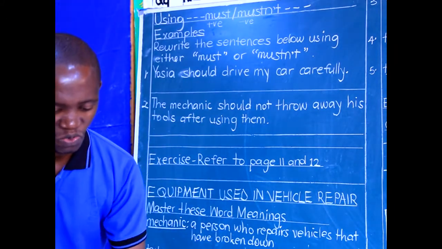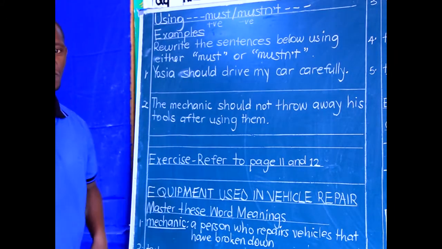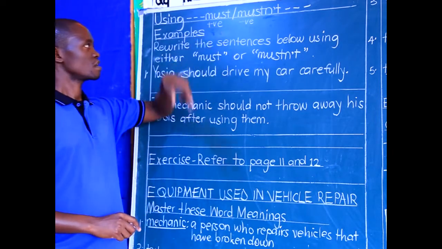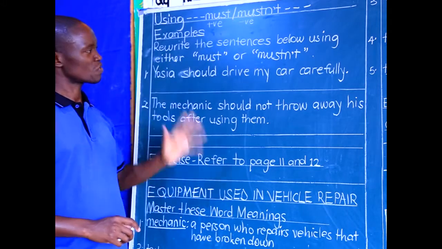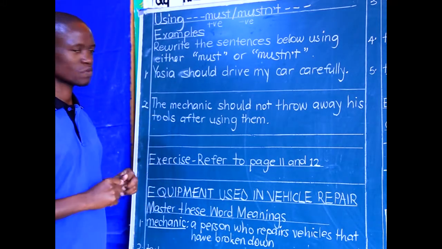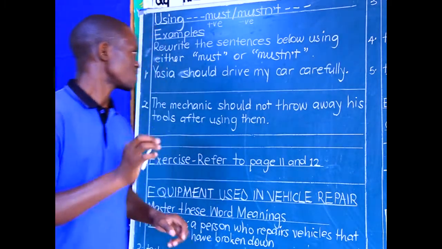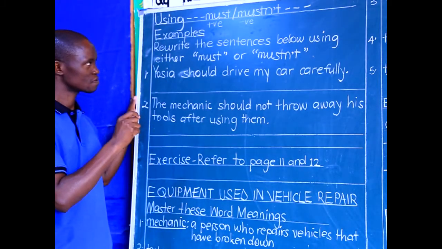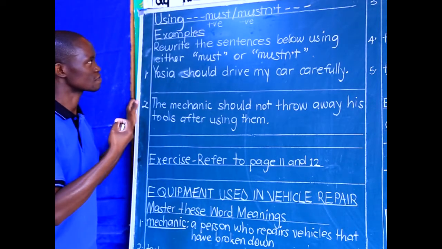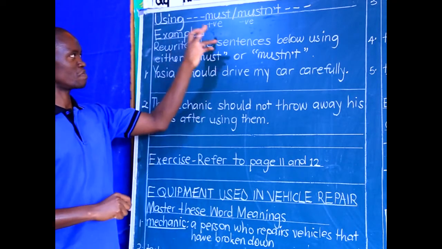The teacher has told you must is used for affirmative sentences or positive sentences. Then use mustn't where you see the sentence is negative. So part of our work today is to identify, is my sentence negative? Then I use mustn't. Or it is affirmative or positive? Then I use must.